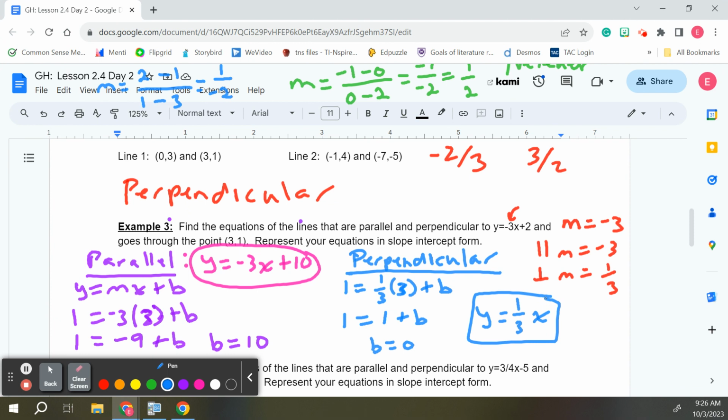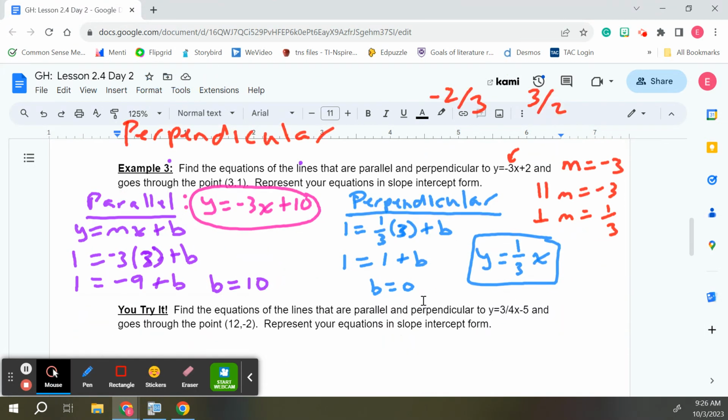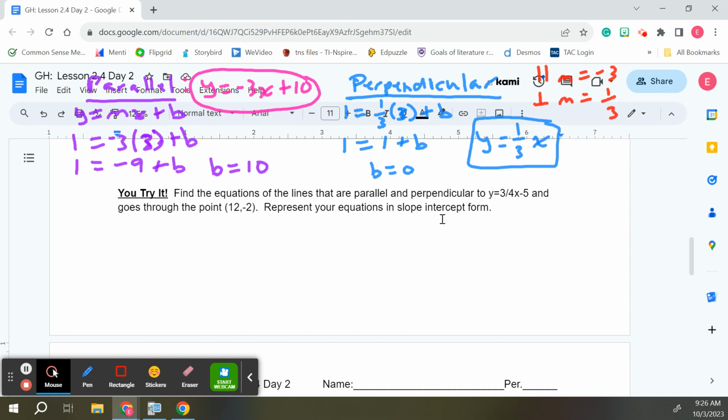Are there any questions I can address before I let you guys try this on your own? Okay. Why don't you guys give this a shot?